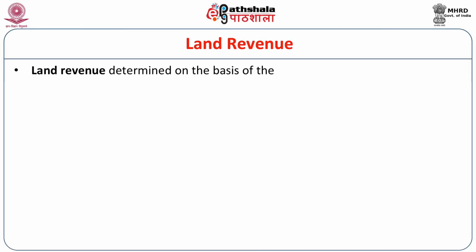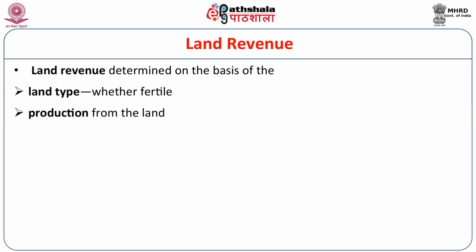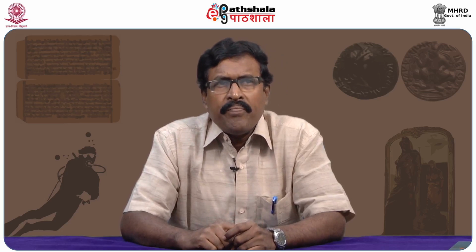Number 1, land revenue determined on the basis of land type, whether fertile land or not. Second, production from the land, that is what type of production, what produces were from the land, those were also considered when land revenues were determined.